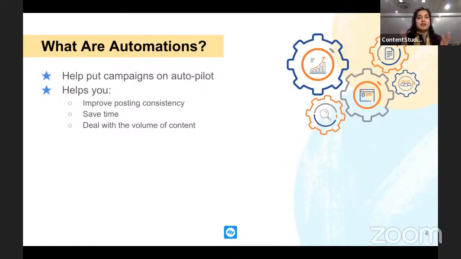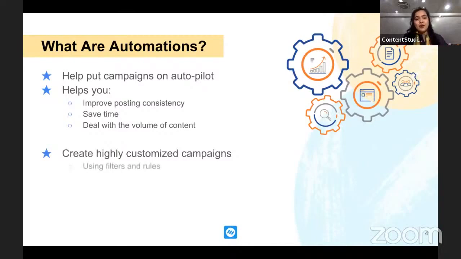But for now, it basically means that if you've got a lot of content, then automations can really help you organize and schedule that. What our automations do is help you highly customize your campaigns. We have very strong, smart filters that you can use to customize your campaigns to best suit you.